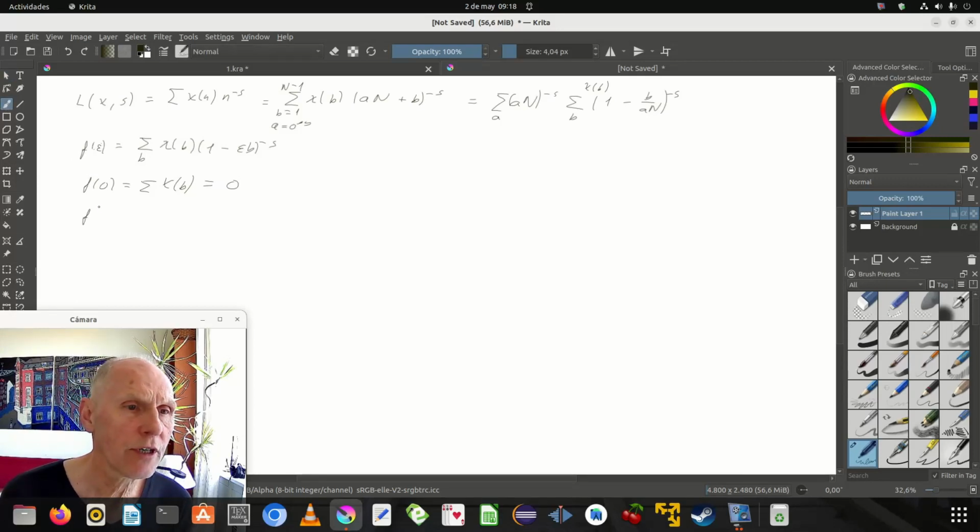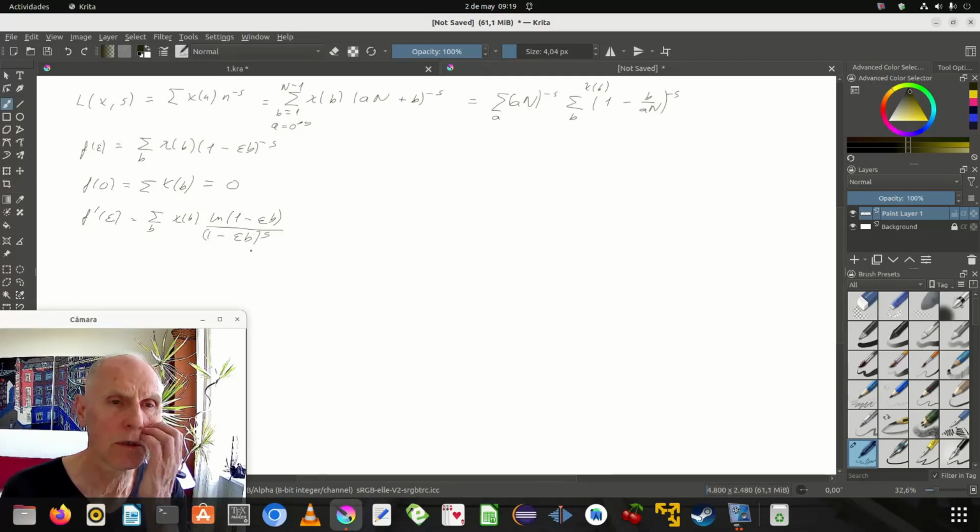So let's differentiate it once. It gives the same, and then times ln of this and times it differentiated.